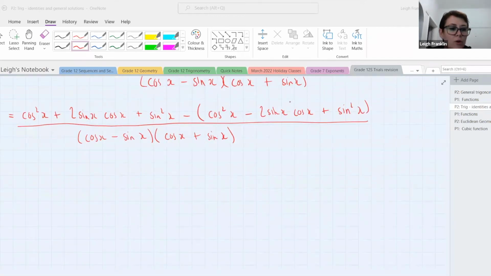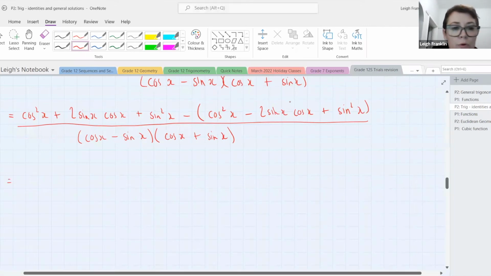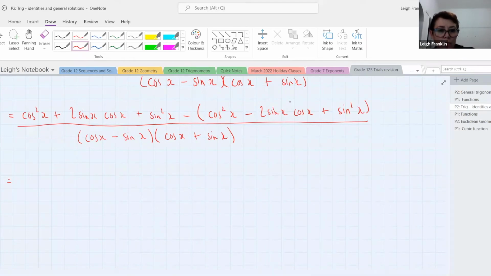Now, are you happy that if we remove these brackets and subtract, the cos squared x minus cos squared x would be 0. Sine squared x minus sine squared x would be 0. So we would end up with 2 sine x cos x plus 2 sine x cos x, which would give us 4 sine x cos x, all over.